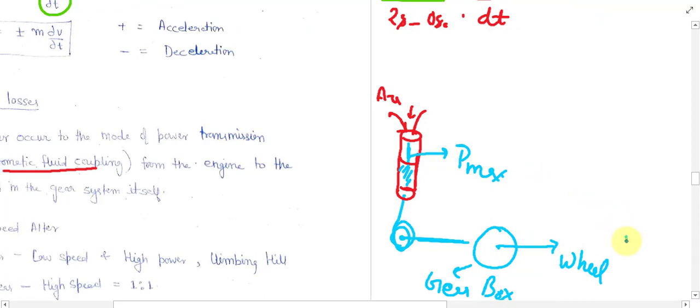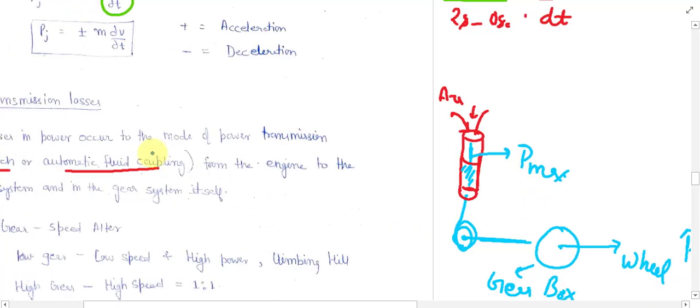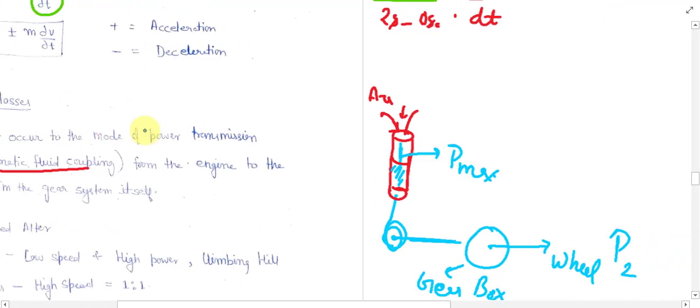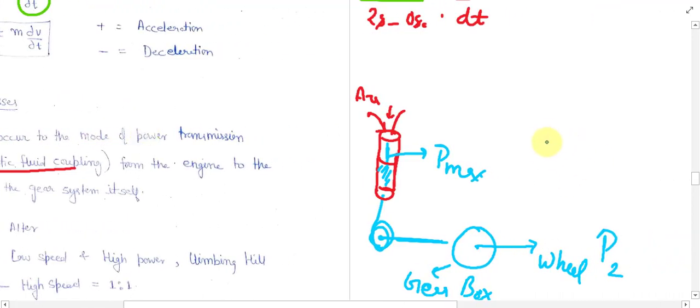So the power which reaches the wheel is always less than P max, and this power loss is known as power transmission loss. So the transmission loss in this case will be P max minus P2.